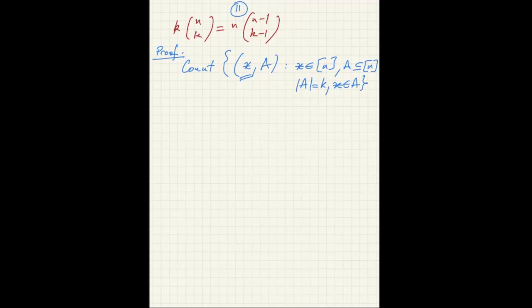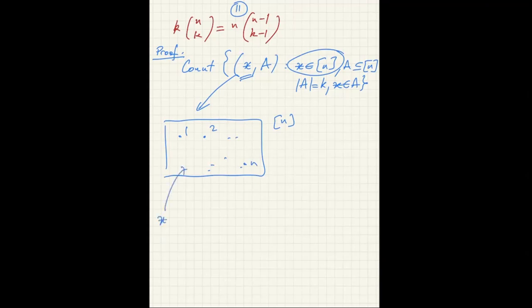You can count this in two ways. If we start with the first position, x, well, x is an element of the set. So if I look at my set here, let's say this is the set n, with 1, 2, and so on, all the elements up to n, then x comes from the set. So there are n choices for x. Now once x is chosen, I need to choose A, which is a set of k elements that contains x.